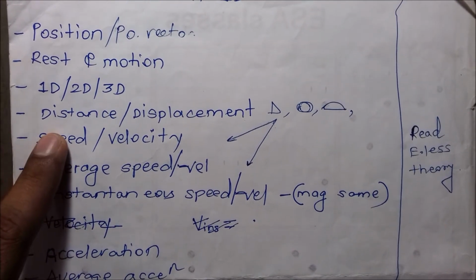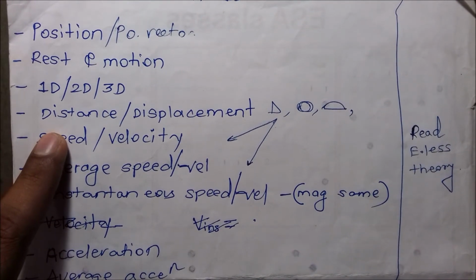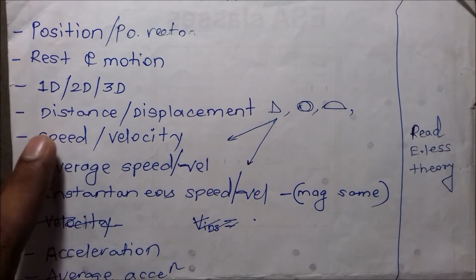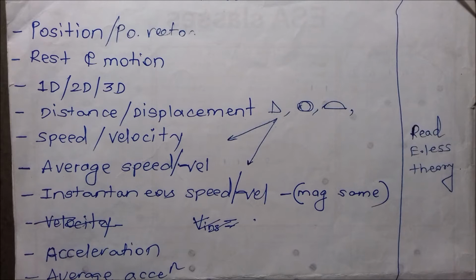Distance and displacement. Distance is the actual length of the path. And displacement is the linear distance between final point and initial point.